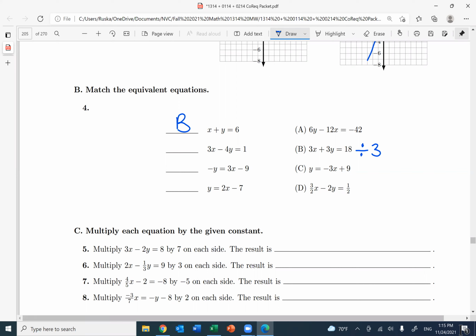The other one is 3x minus 4y equals 1. It should be the last one, because if I multiply both sides by 2, I'm going to get exactly this one. So this is D. Do you guys see it, or you want me to work it out? Do you understand why these are the same?